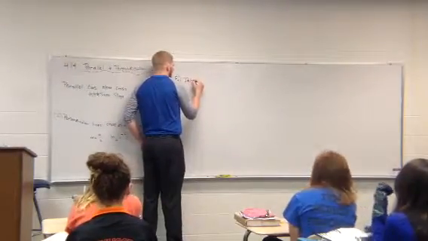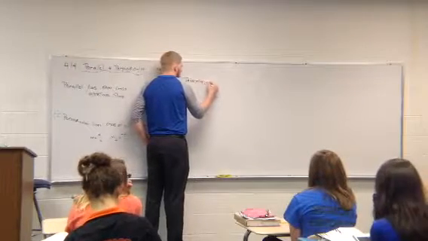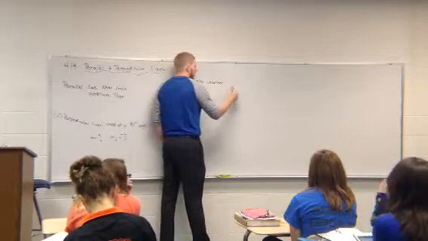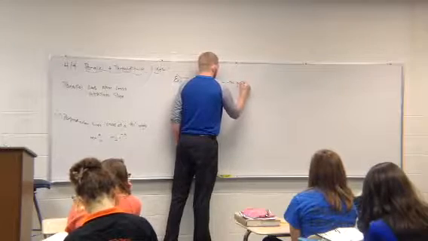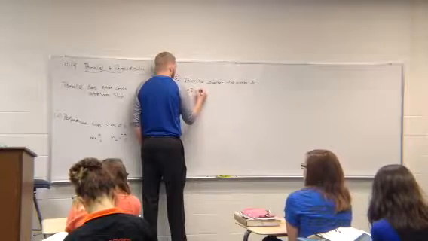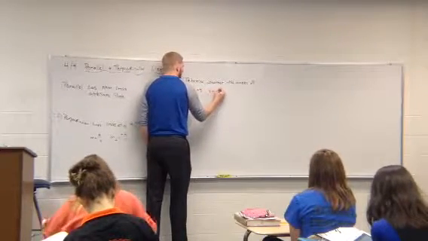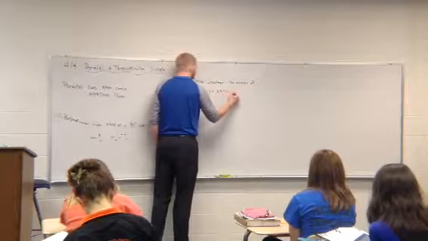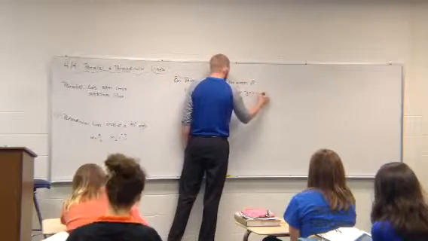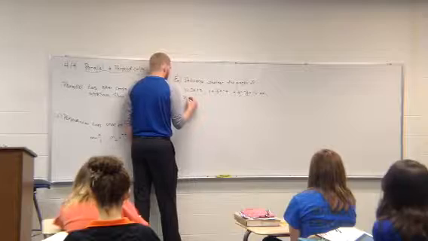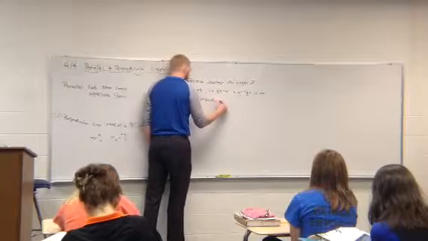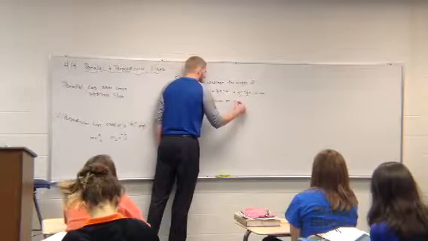Determine whether, not weather as in like the weather outside, the graph of y equals 2x plus 3, y equals 1/2 x minus 4, and y equals negative 1/2 x minus 6 are parallel, perpendicular, or neither.